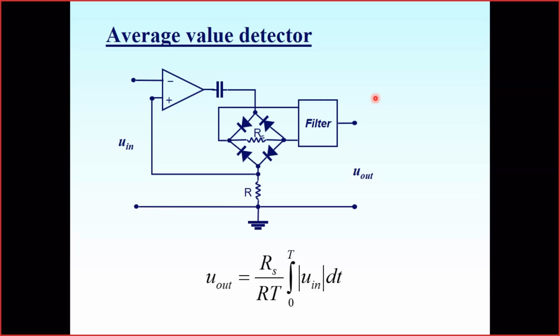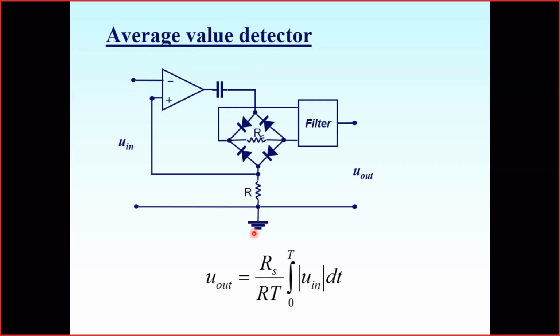Here is another example. The feedback here is used to more or less stabilize the current, to get the current through the bridge constant and proportional to the voltage.